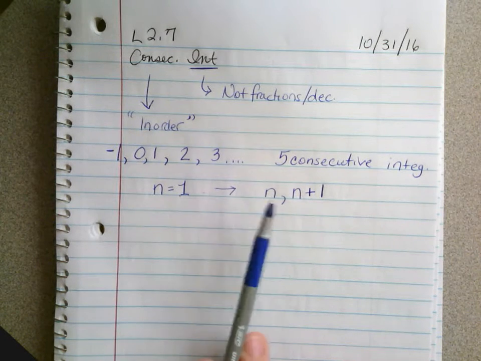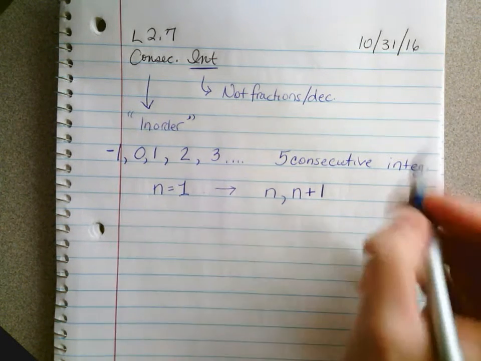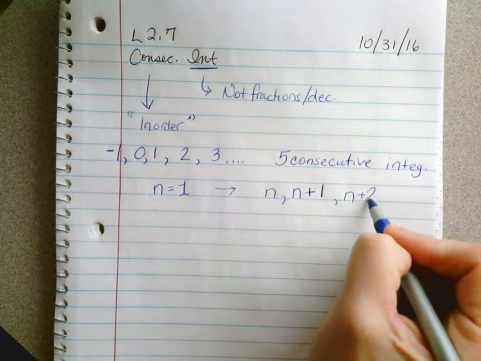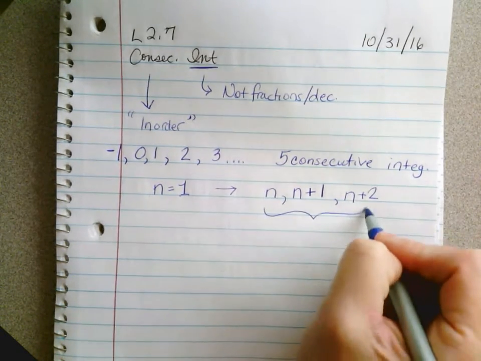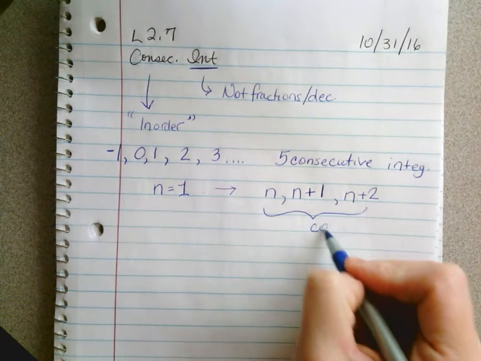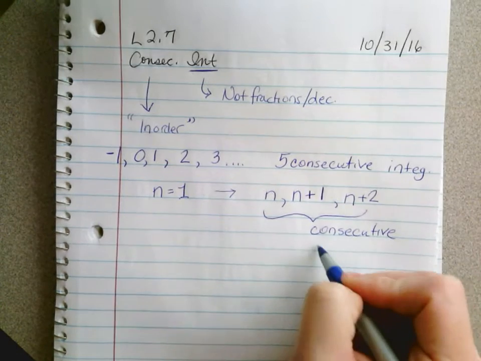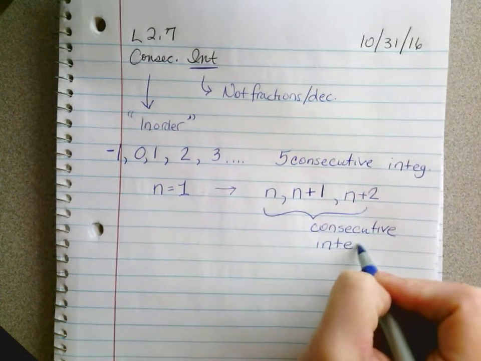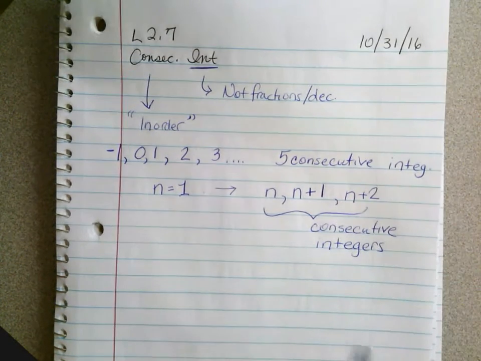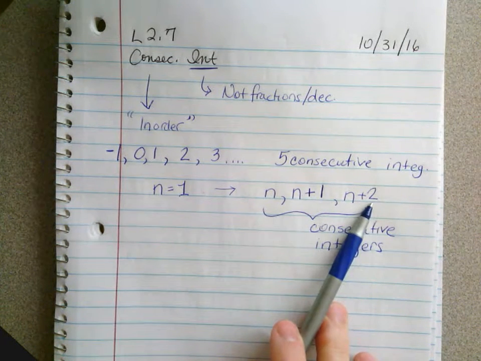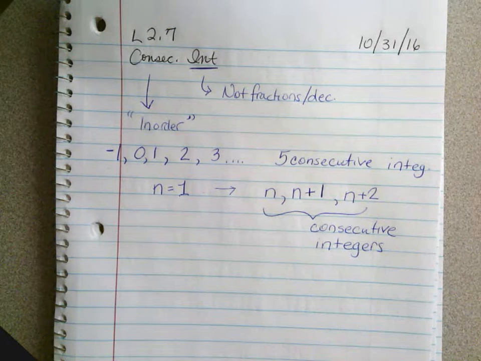And what must I add to that 1 to make it a 3? Yep. So this represents consecutive integers, because by increasing what you add by 1 each time, it just keeps going up by 1 each time.